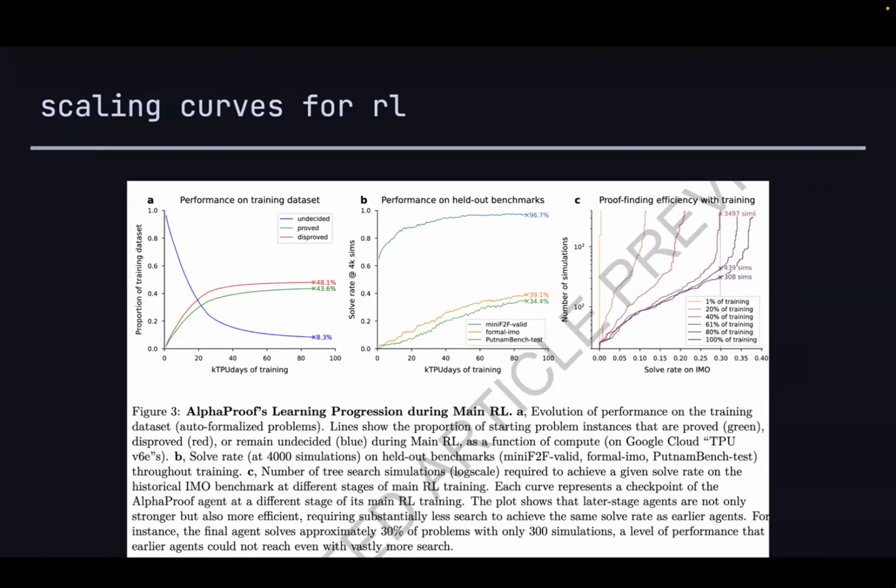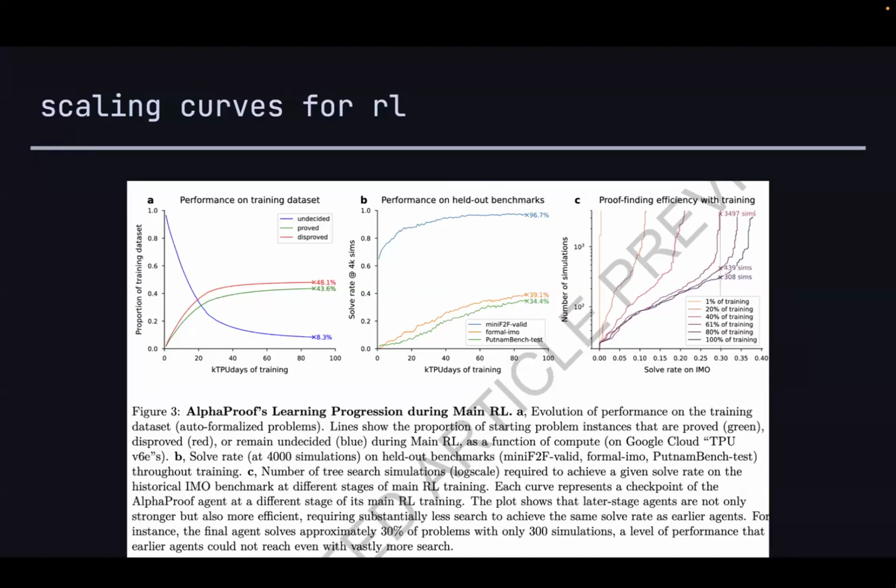Interestingly, too, not only are the success rates increasing with respect to days of training, you also get more efficient proving. The third one shows that the model trends towards finding the proof with fewer attempts.